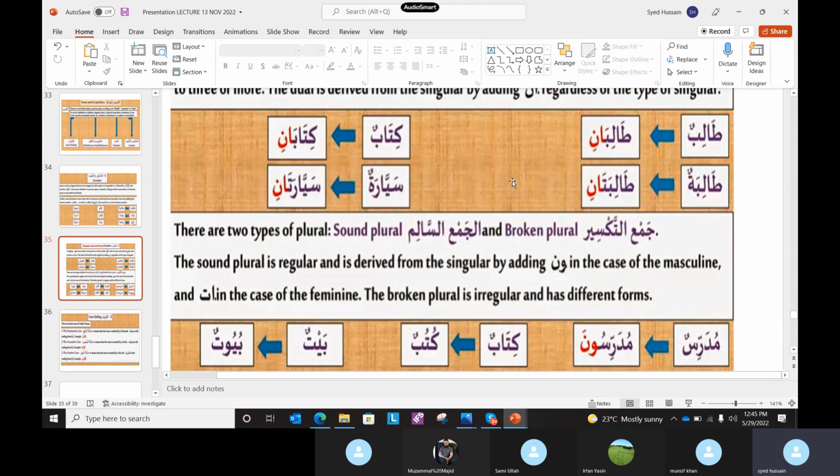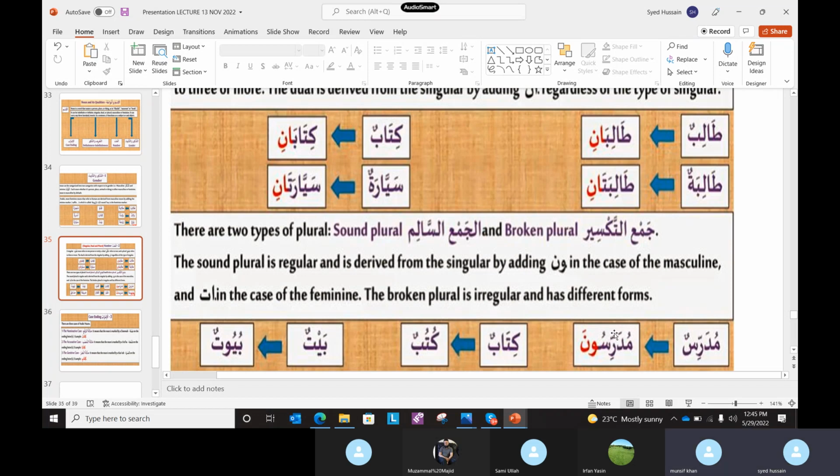I always sounds like i. O always sounds like o. So we call those natural vowels. So in Arabic, basically, dhamma, kasra, and fatha are the natural vowels whose sound you cannot change.